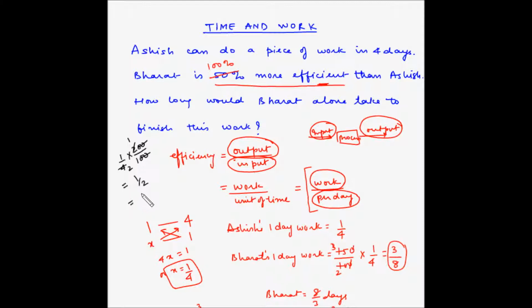So Bharat will take 2 days to finish the entire work. This 2 days is half of the 4 days which Ashish takes. So Bharat being 100% more efficient means he will complete the work in half the number of days as Ashish.